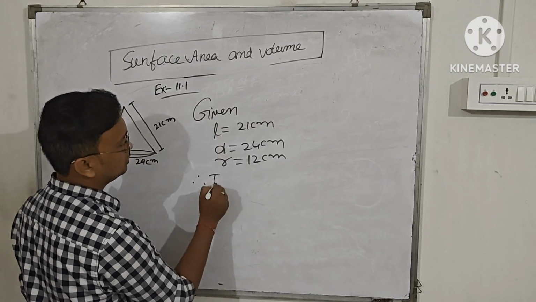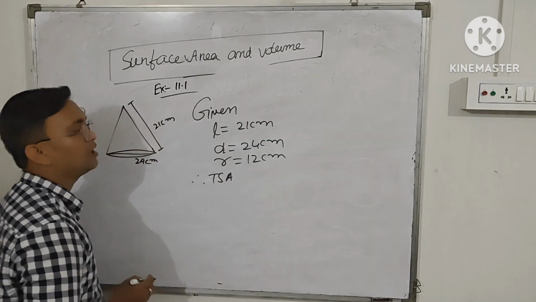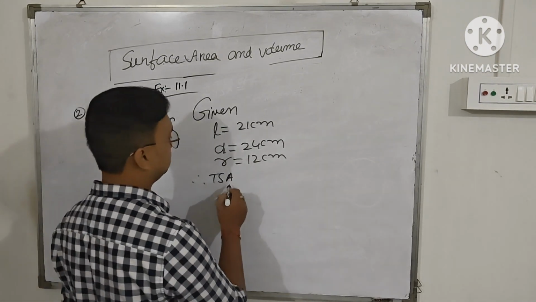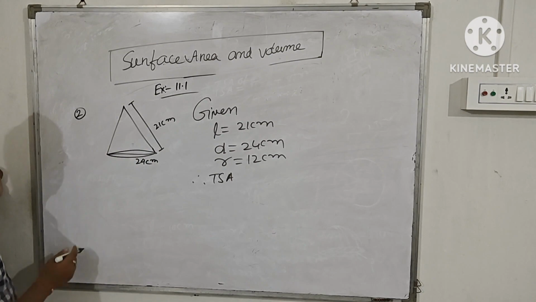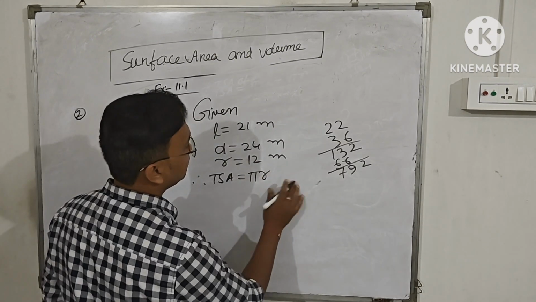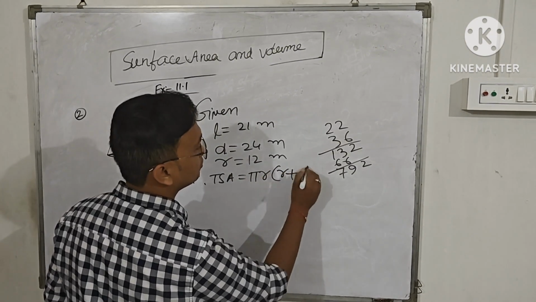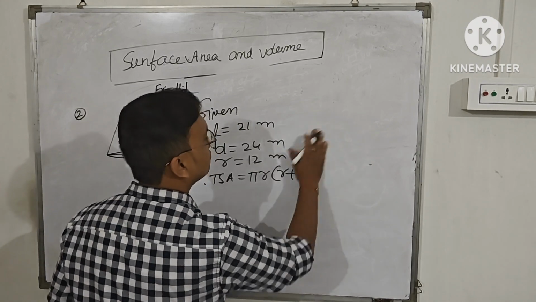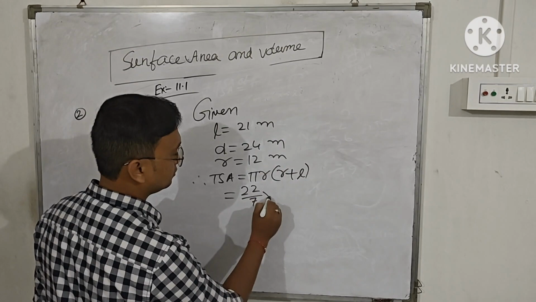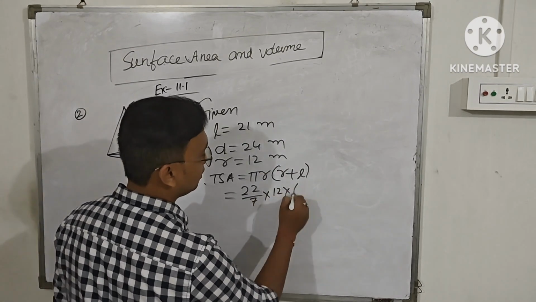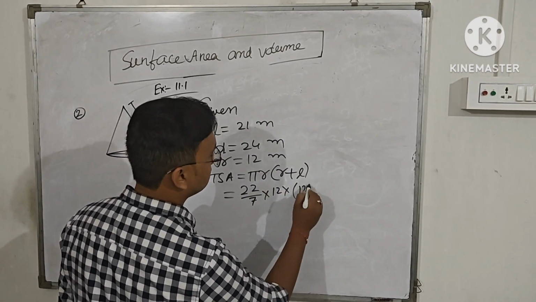Therefore, TSA. For finding TSA, what we need? Pi r plus l. Let me correct this. Radius is 12.